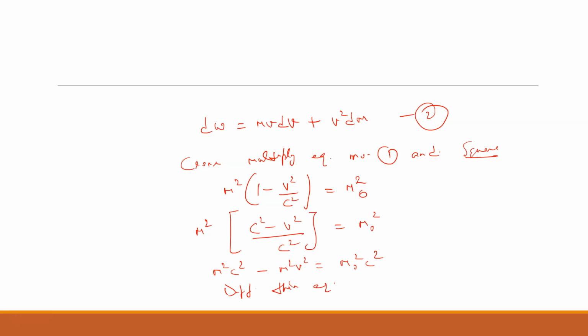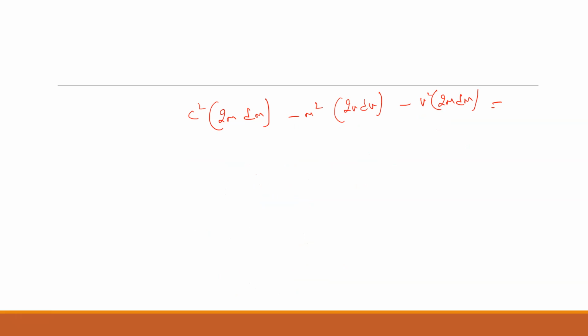The right hand side differentiation will be 0 because m naught is constant and c is also constant. So the right hand side will be 0, or this will become v square dm plus mv dv equals c square dm.